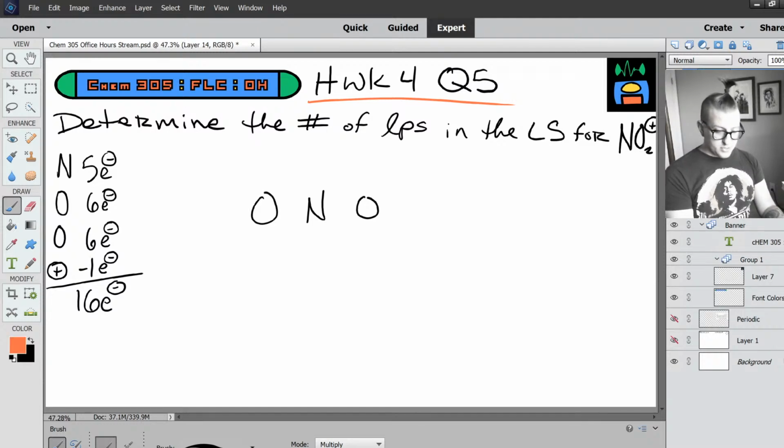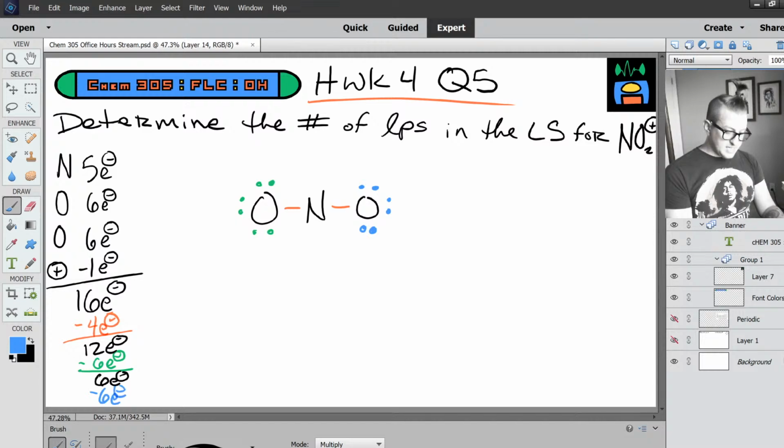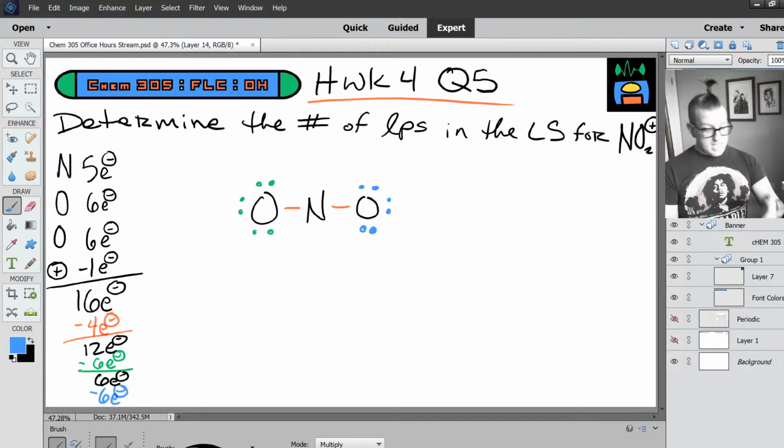We have 2 oxygen atoms to attach. We spend 2 electrons each to make those 2 bonds, leaving us with 12. Our first oxygen has 2 electrons. It needs 6 more for a full octet, so we give it lone pairs 1, 2, 3, 4, 5, and 6. So we spend 6 electrons out of the budget. We've got 6 more to go, and our other oxygen also needs 6 electrons, so we spend our remaining 6 to complete that second oxygen's octet.